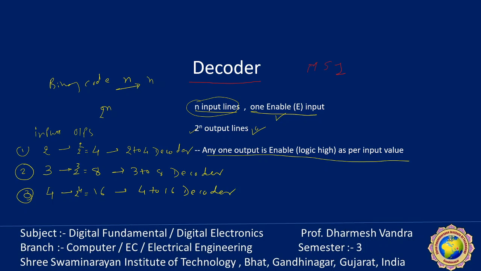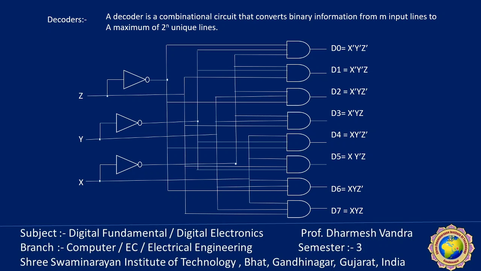Let's see how the decoder circuit looks and how it works. This is the decoder circuit with 3 input lines, so the output lines are 2 raised to 3, 8. D0 to D7 are the output lines.